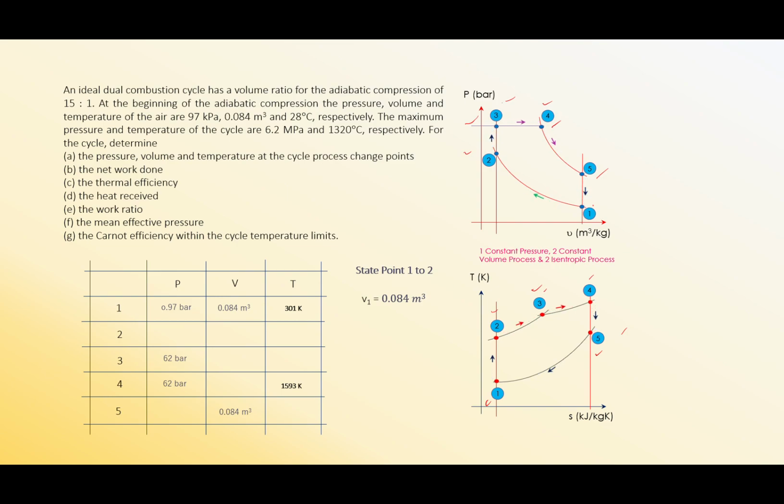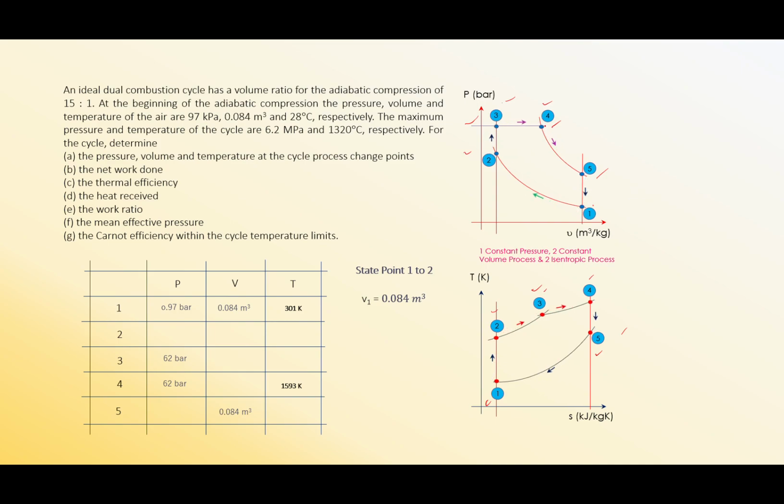Based on the question, an ideal dual combustion cycle has a volume ratio for the adiabatic compression of 15 to 1. The adiabatic compression is from point 1 to point 2.